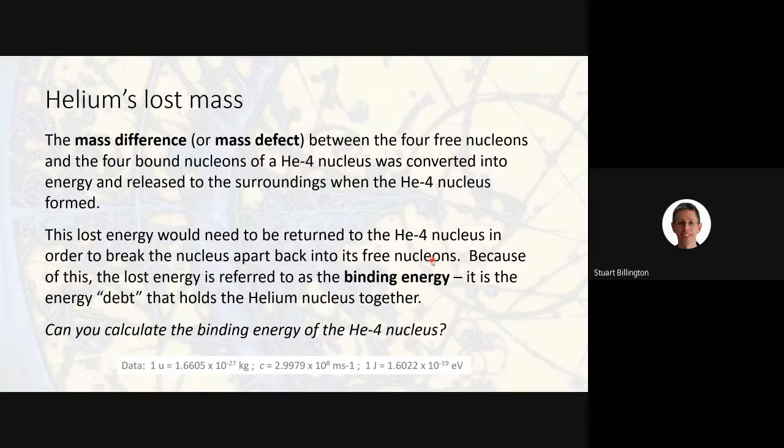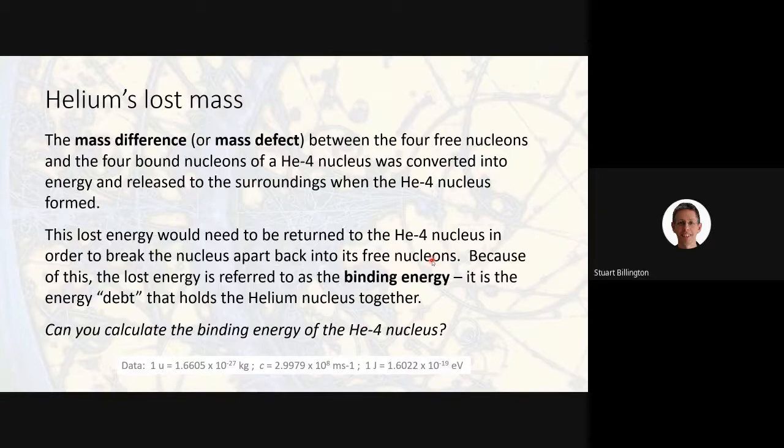But you need to appreciate that just like all other formulae in physics, E equals mc squared is based upon the SI units. And therefore, in order for the formula to work, I'm afraid you need to convert the mass into kilograms. And then when you have converted the mass into kilograms, your energy will come out in joules. And so I need you to convert into electron volts at the end, please.